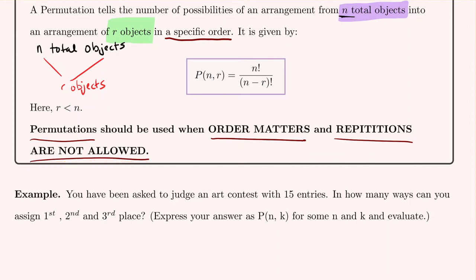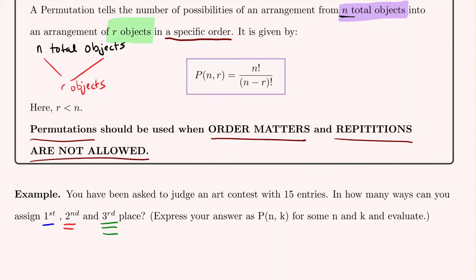The way we're going to think about this problem is, since we're asked to select first, second, and third place, the first artwork that we pick will be assigned first place. The second artwork that we pick will be assigned second place. The third artwork that we pick will be assigned third place.